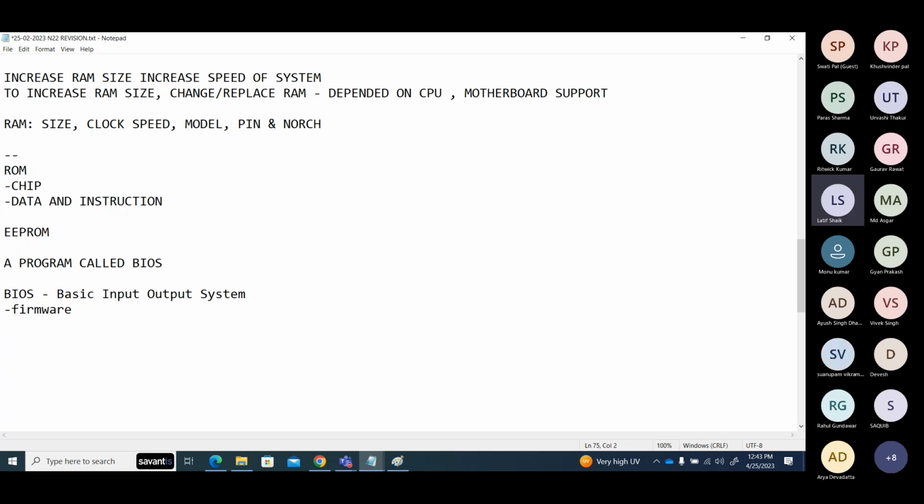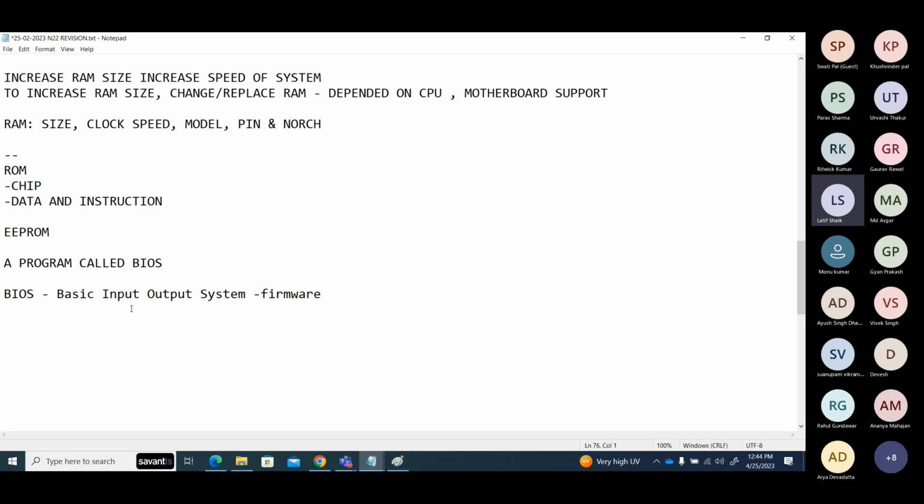BIOS is a program. It is nothing but firmware. So that's why we call the ROM chip a BIOS chip here.